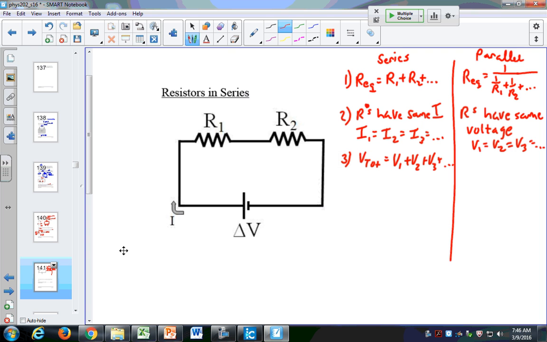For parallel, the total current is equal to I1 plus I2 plus I3 plus however many I have. This is called the junction rule, which we'll identify later. And then for both of these, we have V equals IR.